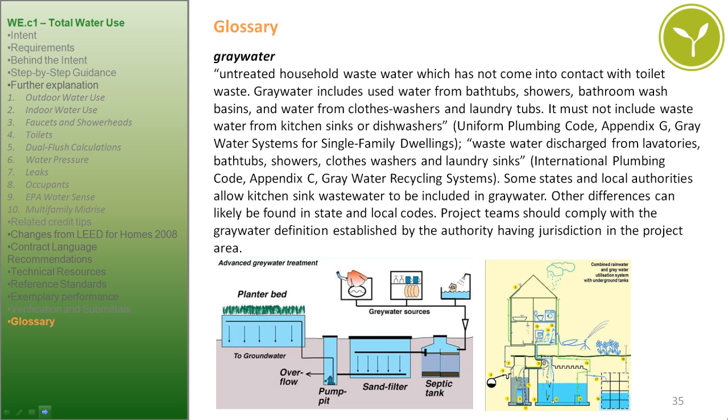International Plumbing Code Appendix C, Gray water recycling systems. Some states and local authorities allow kitchen sink wastewater to be included in gray water. Other differences can likely be found in state and local codes. Project teams should comply with the gray water definition established by the authority having jurisdiction in the project area.